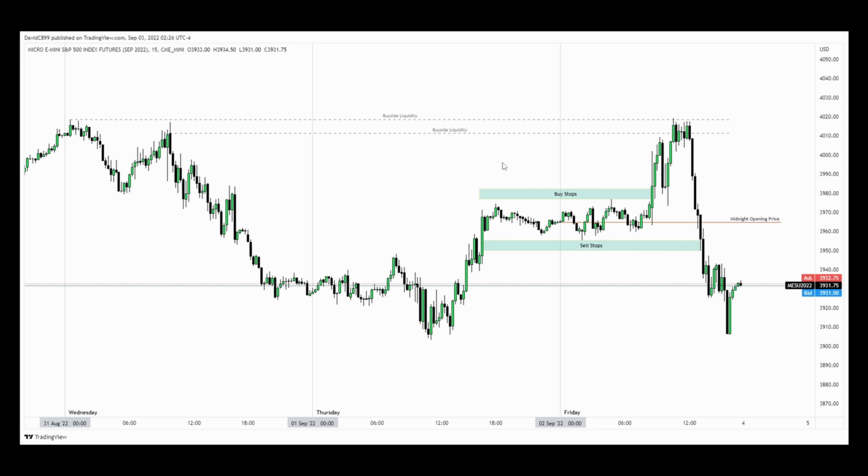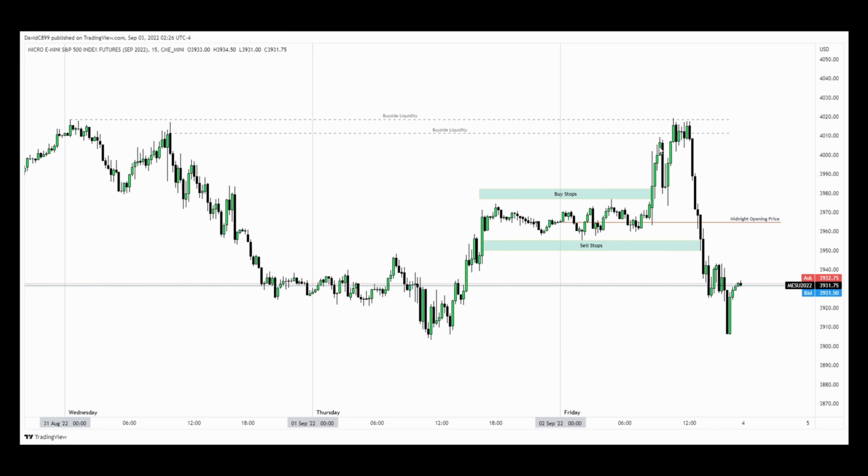But for completeness' sake, I want to also analyze this day, and we can see here that there's a tight range being created with resting buy stops and resting sell stops, building liquidity on both sides of the marketplace, and you can see that price is hovering around the midnight opening price.